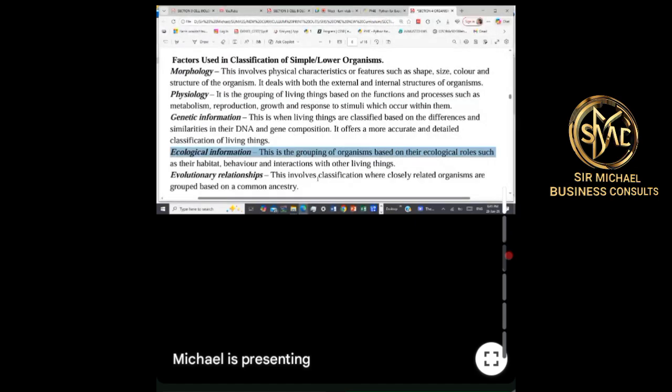That is good. So that is ecological information. And we know ecology talks about the relationship between organisms and their interaction with their environment. So looking at how it relates in the environment, its interaction, behavior, and characteristics in the environment, we can also classify organisms. As you rightly said, their habitat.